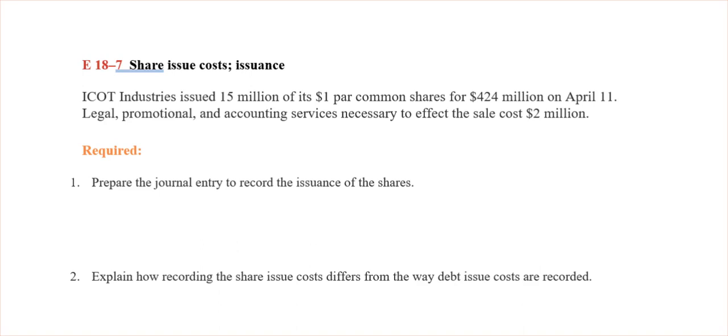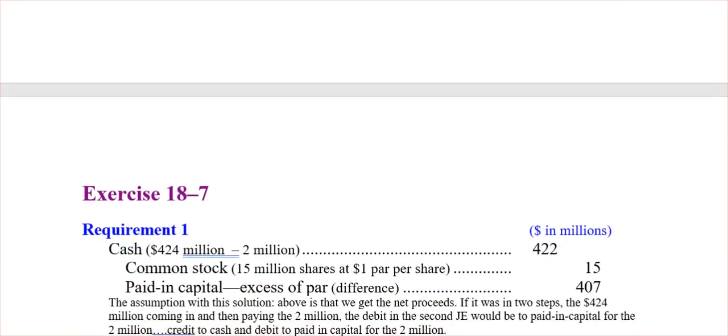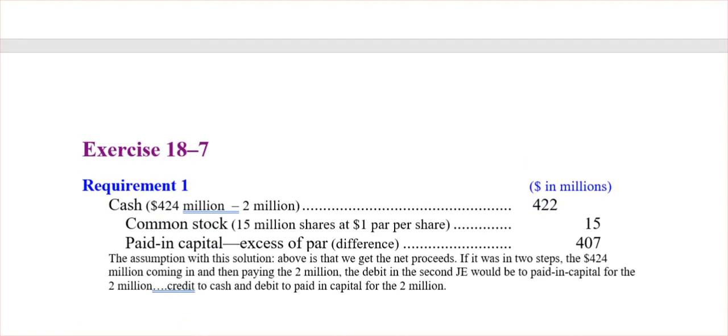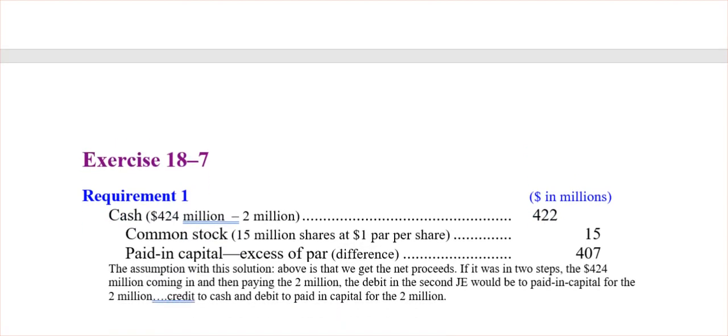They're going to ask us to do a journal entry, and then they're going to ask us to discuss it. So I'm just going to scroll down here to the answers to our problem. The first thing we are going to do is issue the shares of stock, and we are going to take a deduction of the 2 million out of the cash which we get in.